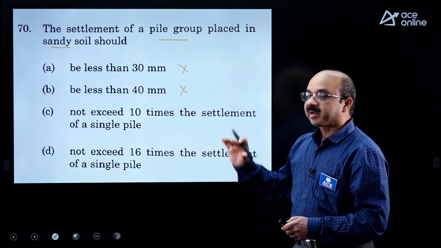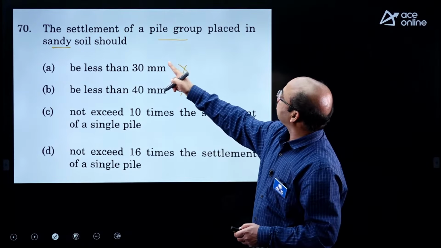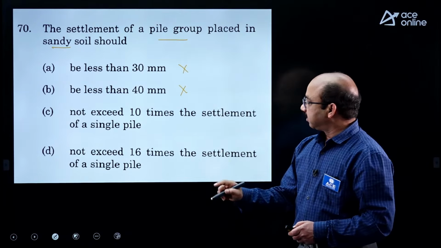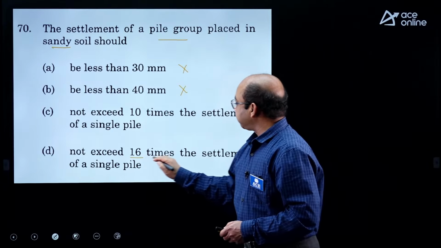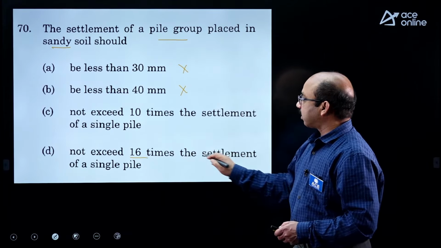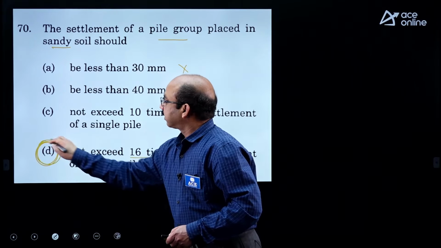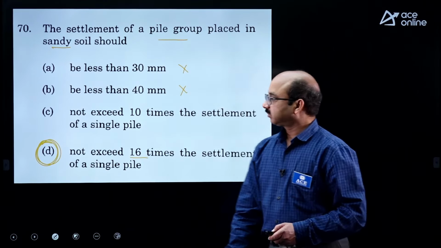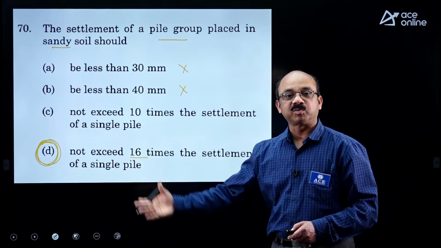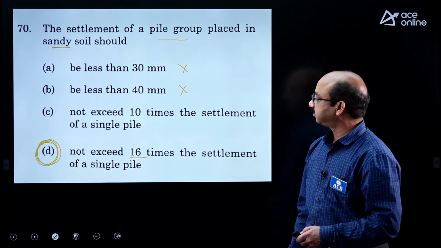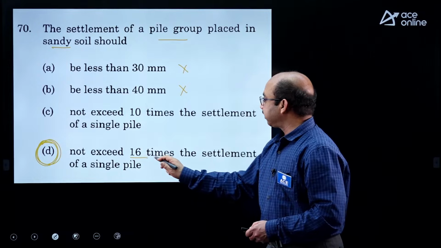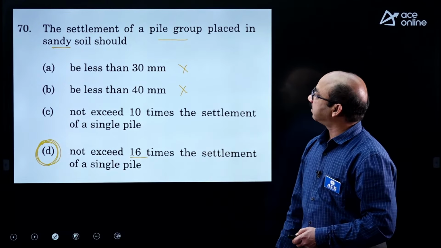So what the literature says is, the settlement of the pile group in the case of a sandy soil cannot exceed 16 times the settlement of single pile. So this is the answer. 16 times is given in most of the standard textbooks. Not exceeding 16 times the settlement of single pile.